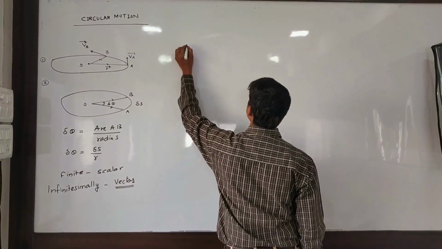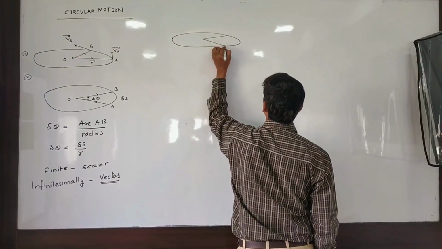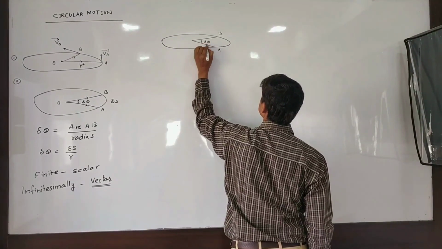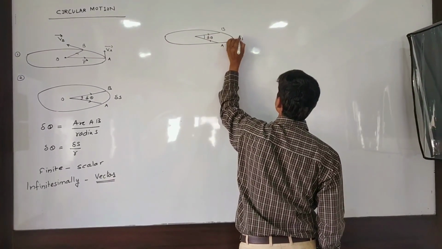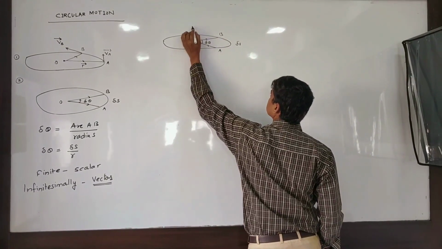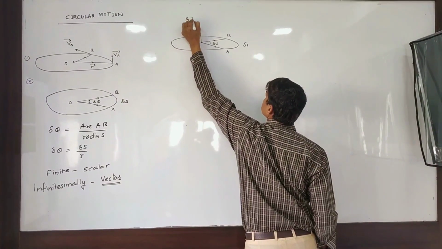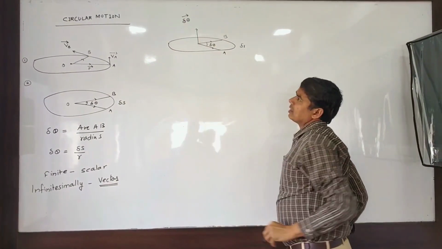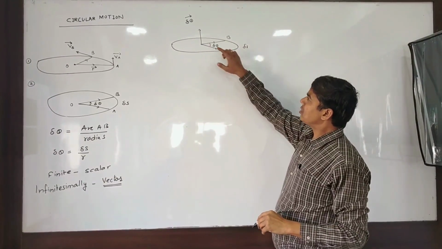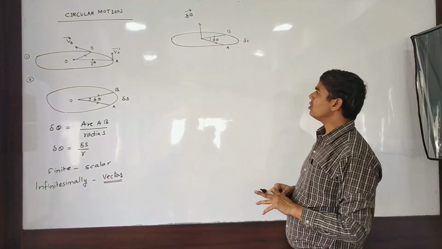Now let us have the direction of this angular displacement. Let the object move from point A to point B again. Delta theta is the angle traced by the radius vector, and delta S bar is along the tangent again. The direction of angular displacement, that is infinitesimally small angular displacement, is always perpendicular to the plane in which the particle performs circular motion.